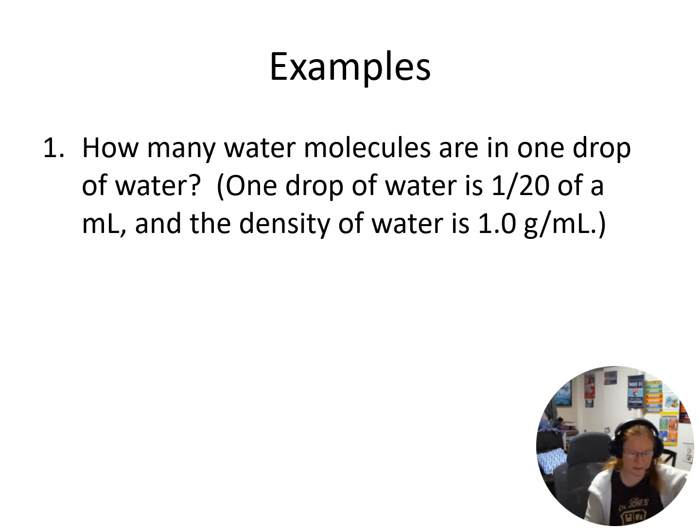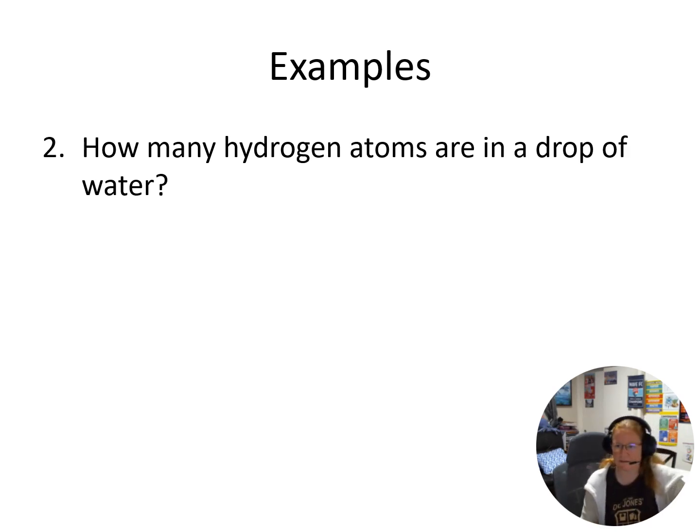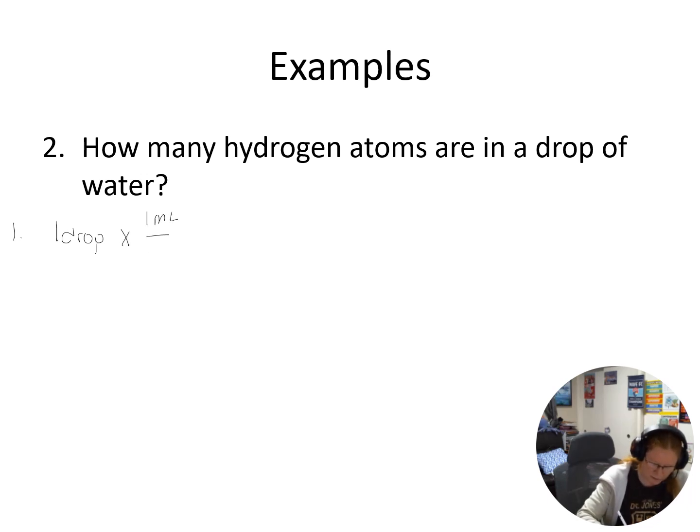All right, hopefully you've done the math. Okay, I'll show you the other one right here, and then underneath it, I'll do this problem. Okay, so problem 1 was 1 drop. 1 mil in every 20 drops. 1 gram for every 1 mil.